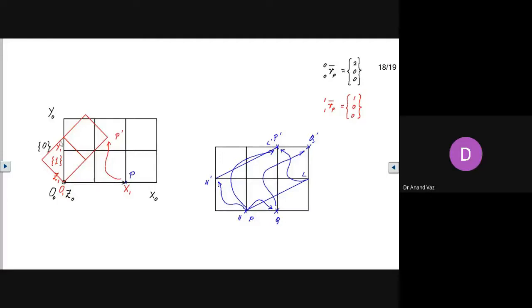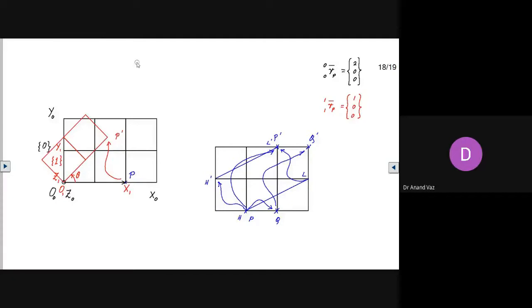Now, how does this happen? So, the orientation has taken place by the amount of theta. In this case, we know that it is 45 degrees, but in general, let's say it is theta. So, this angle which we have is theta.